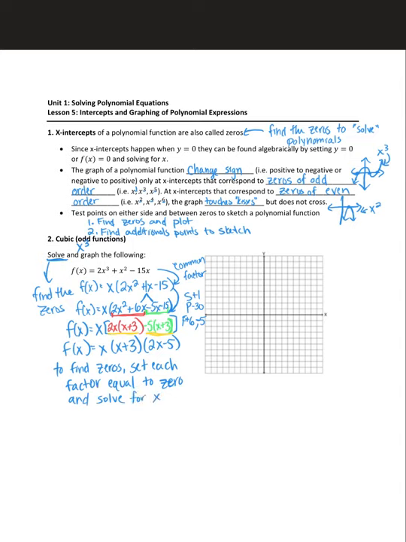Okay, so I'm going to take this factor here, I'm going to set that equal to 0, so x equals 0. Nothing to isolate there, x already equals 0. And then we'll take the next factor, this x plus 3, we'll set that equal to 0.